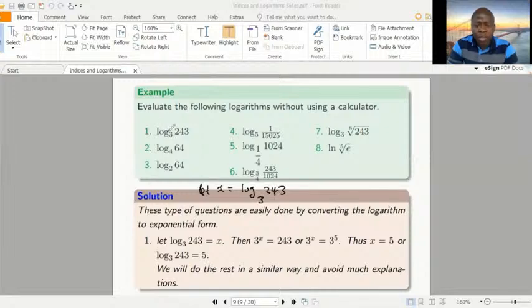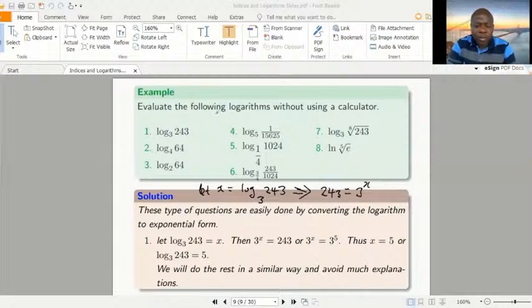Because this is what we want to get, and we don't know what it is, so we let it be x. So this is logarithmic form. Then we write it in index form. When you write this in index form, you remember that x would go to where the power is, and 243 will go back. So we shall then have 243 equals 3 raised to x.